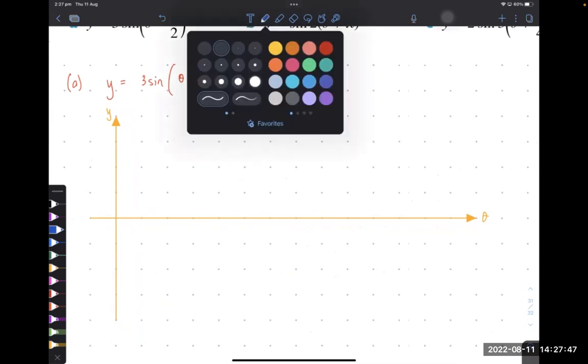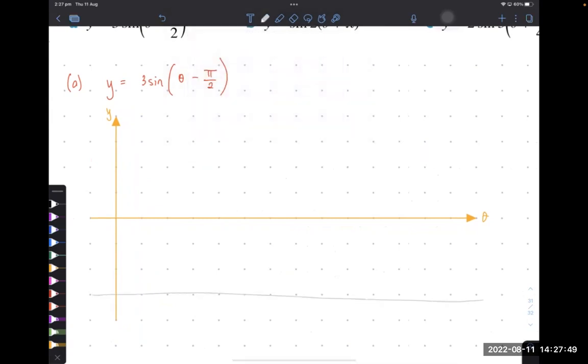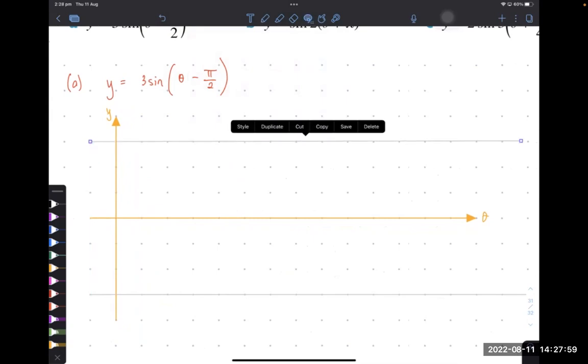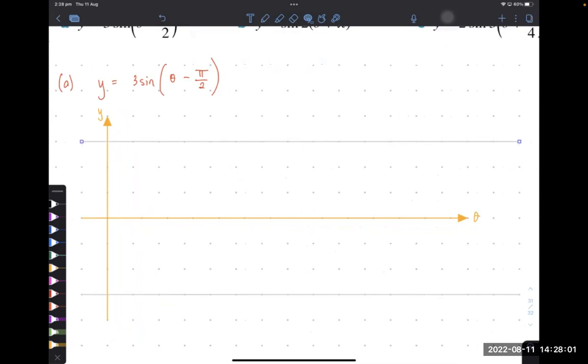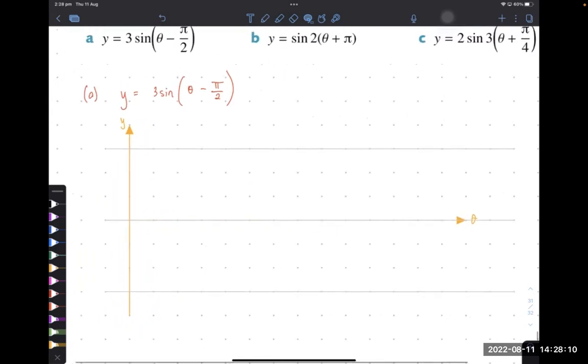Now check this out. I'm actually going to use guidelines this time. One line at the bottom, one line at the top, and one line in the middle. Okay. Just one cycle, yeah?